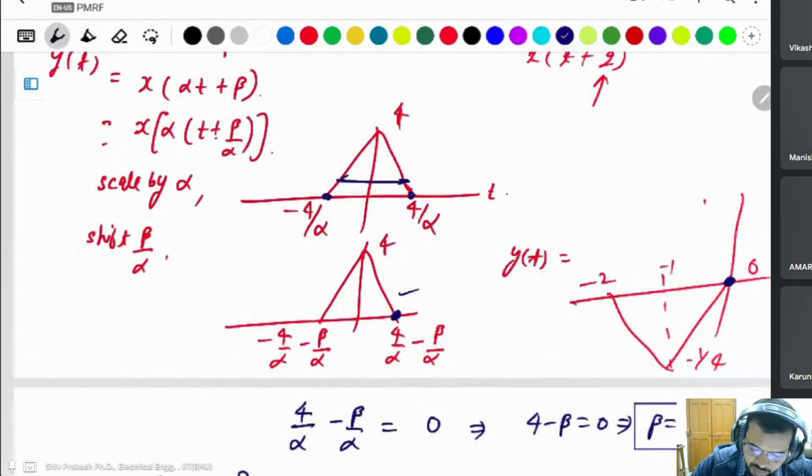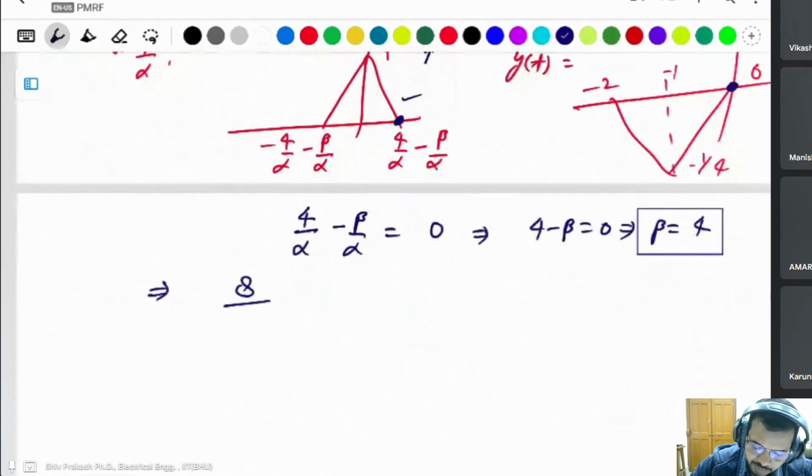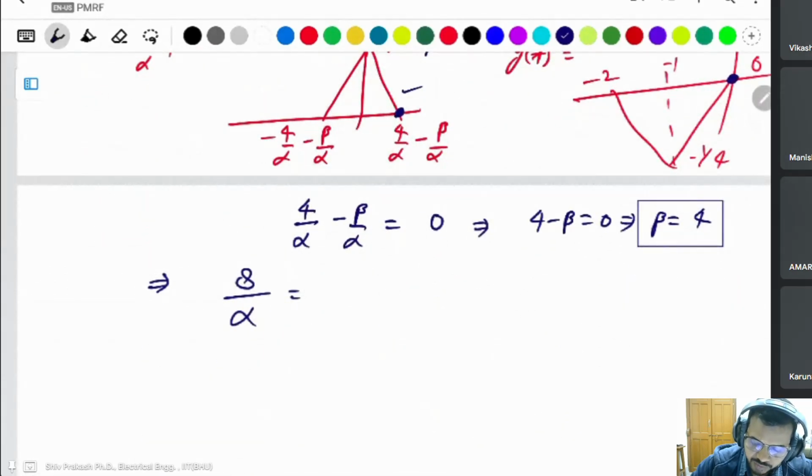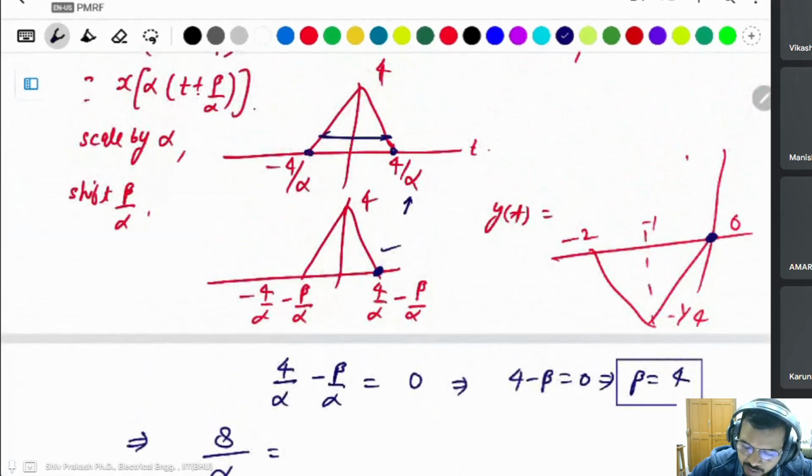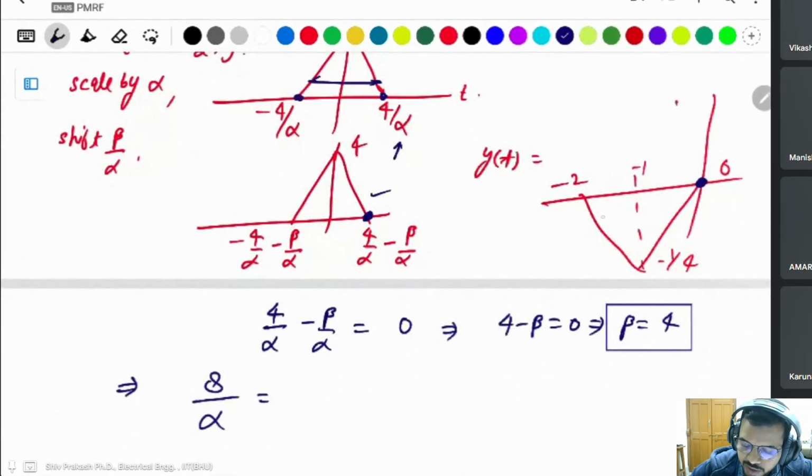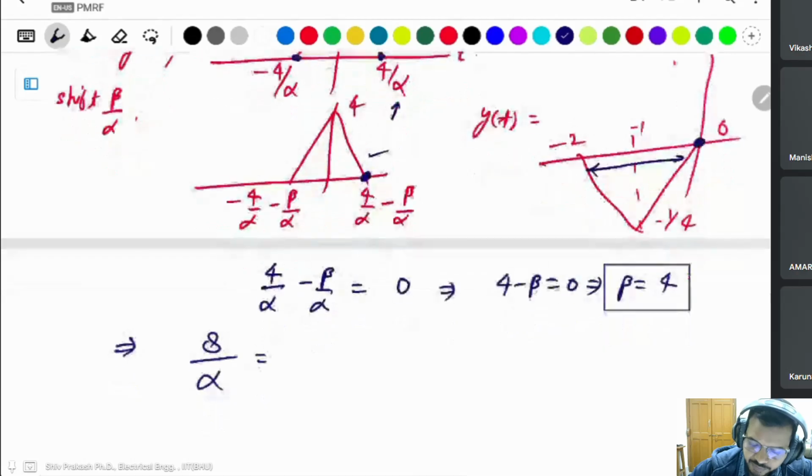Then scale this by alpha. If you scale by alpha, this has minus 2, 2, sorry, this width is 2 only.